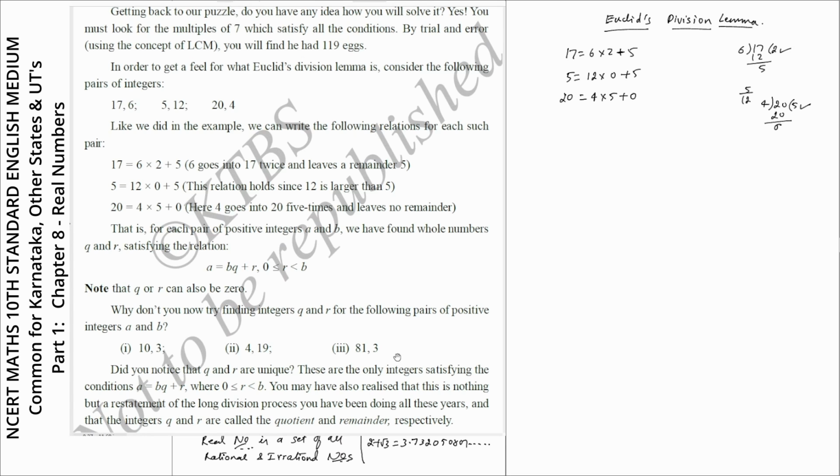So in general, if I consider this number as A, and this number as B, and this as Q, where Q stands for quotient, and this is the remainder R, I can write A is equal to B into Q plus R, where A and B are positive integers.